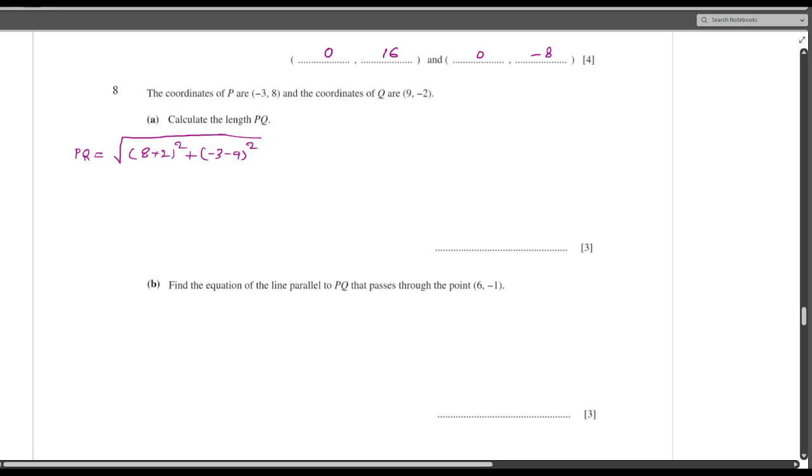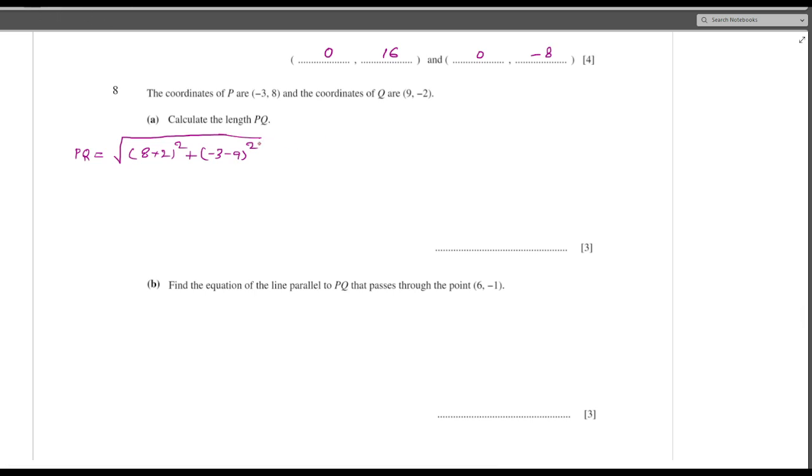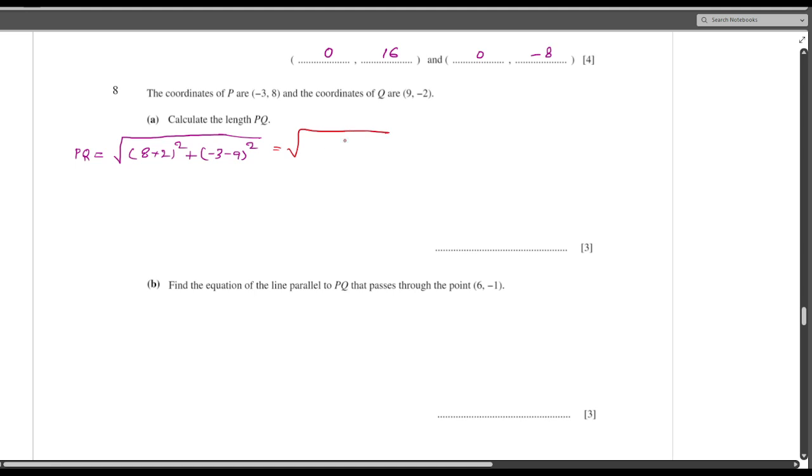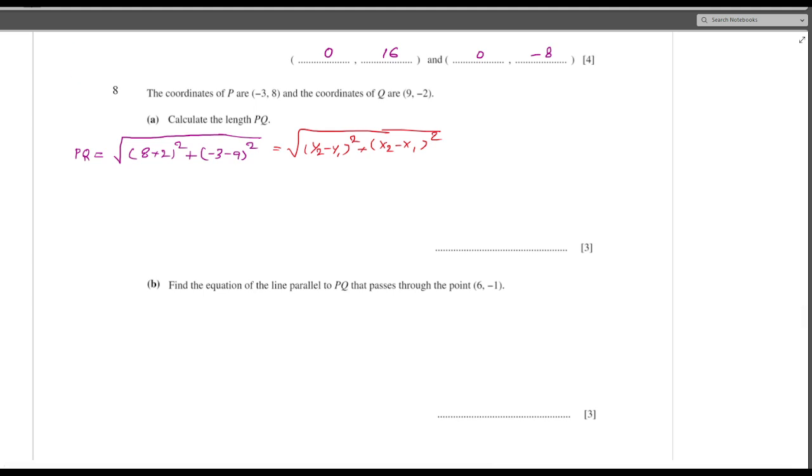Okay, the distance formula is square root of y2 minus y1 the whole square plus x2 minus x1 the whole square. You consider any point as x1 y1, other point as x2 y2. Whenever you square a negative number, you get a positive number as an answer.